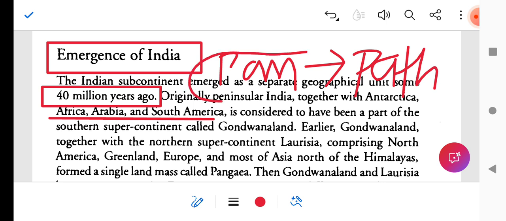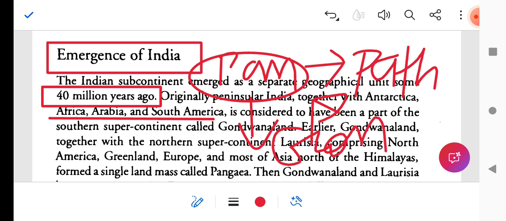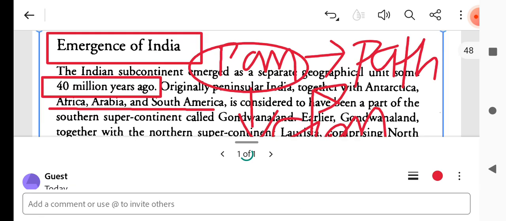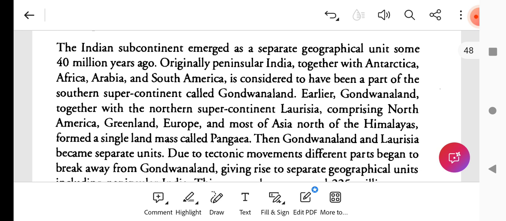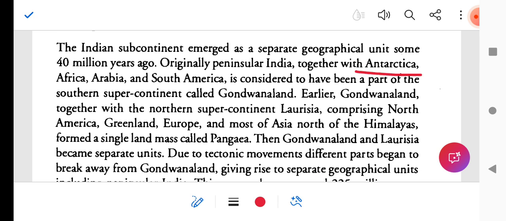And this Pangaea was breaking into two parts: in the north, Angara land or the Eurasian plate, and the southern plate known as Gondwana land. The part of Gondwana land is considered to have been a part of the southern supercontinent called Gondwana land.